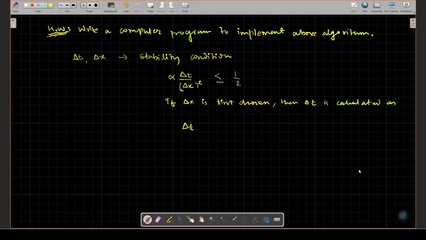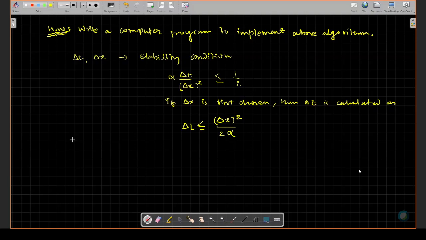Delta t should be less than or equal to. So you take the equal to first and then arrange them such that delta x square divided by twice alpha is the limit on delta t. You can calculate this delta t and go ahead.